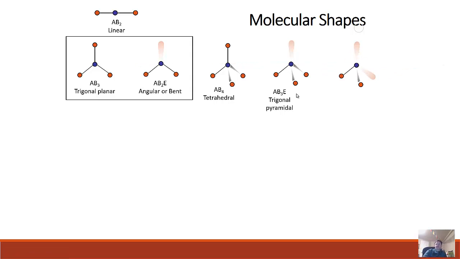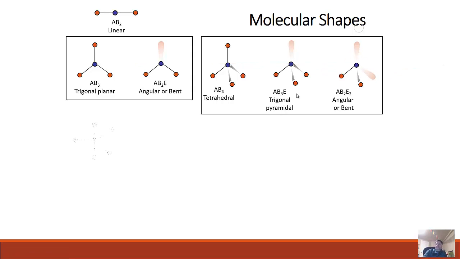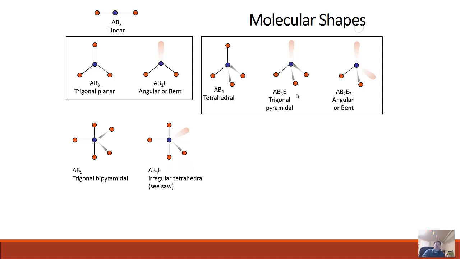And then if we replace 2 of them, once again, we're going to get a bent there. We can go now to our 5 domains, right? We have a trigonal bipyramidal, and then we start putting in lone pairs. We end up with what's called a seesaw. If we have 2 lone pairs, we get the T shape. You can see it there really well.